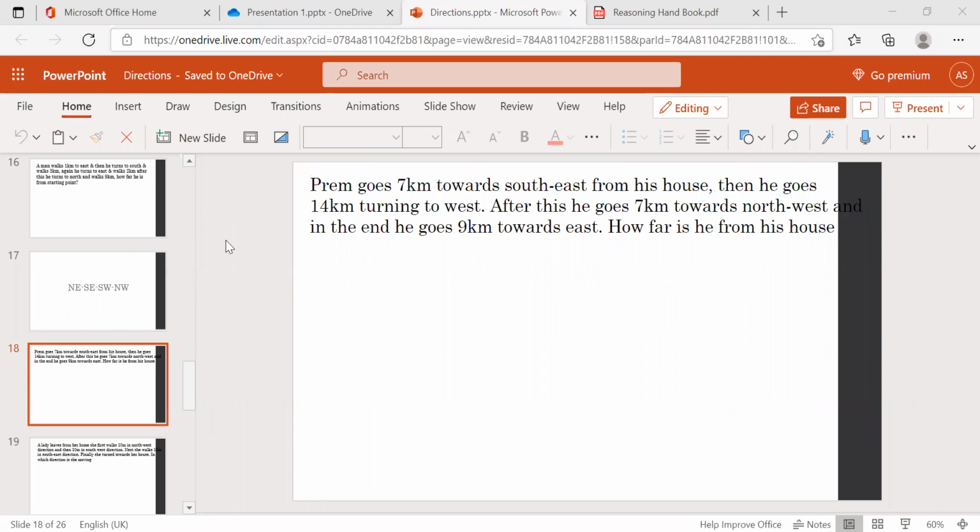Now Prem goes 7 kilometers towards southeast from his house, then he goes 14 kilometers turning to west. After this, he goes 7 kilometers towards northwest, and in the end, he goes 9 kilometers towards east.